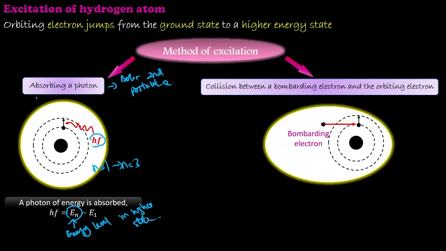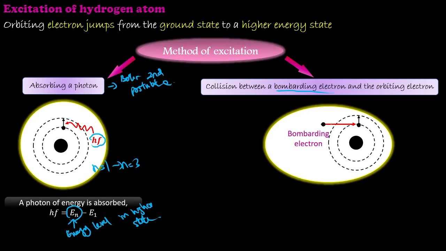Then the second method is by collisions between a bombarding electron and the orbiting electron. What is meant by a bombarding electron? If you look at this diagram, a bombarding electron means we shoot an electron through the Bohr model, and this electron will collide with the electron which is in orbit.